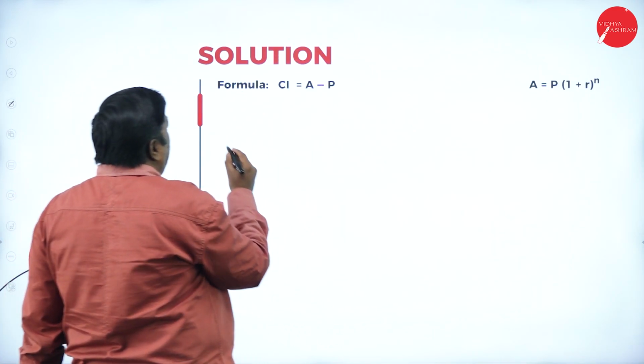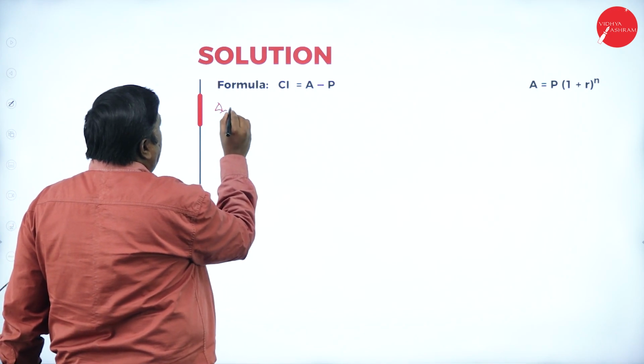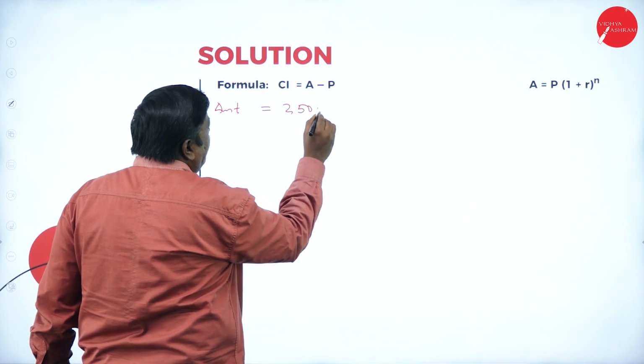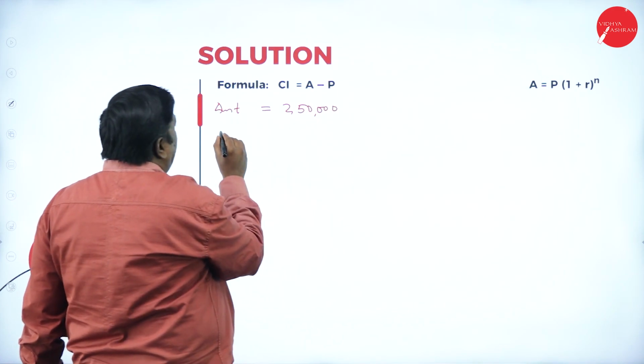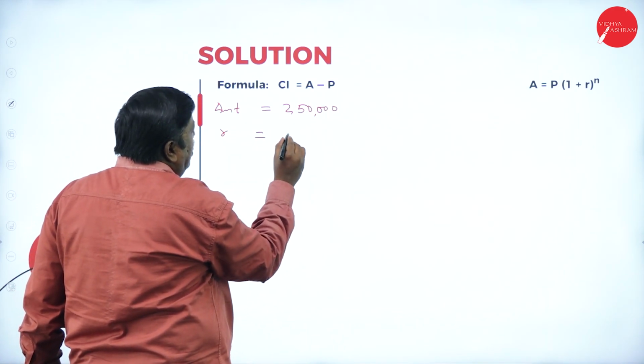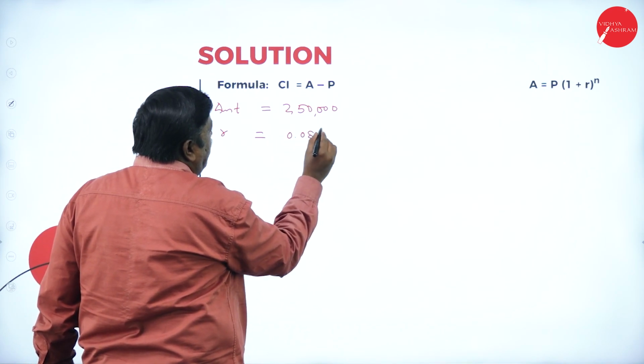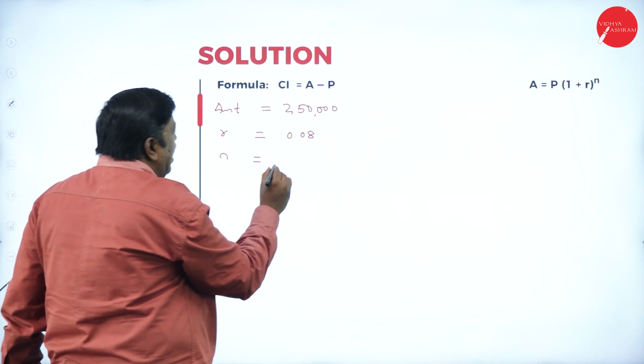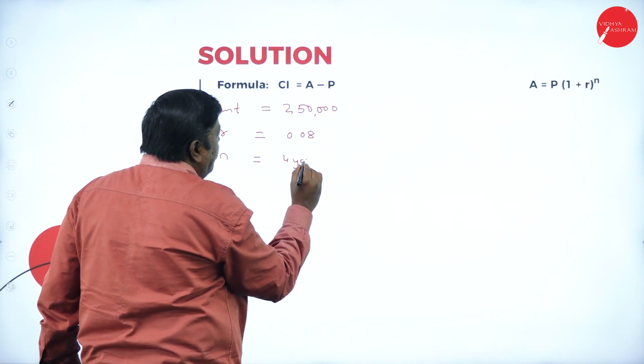The amount deposited is 2,50,000, R will be 0.08, and N will be 4 years.